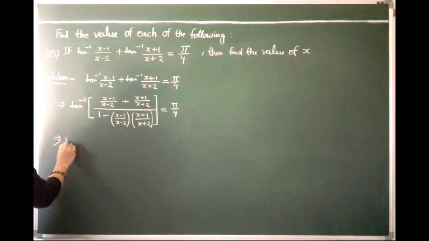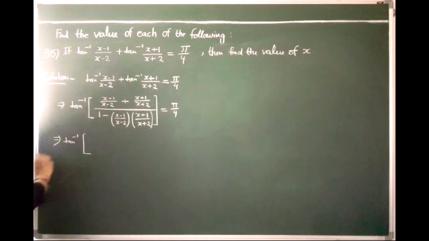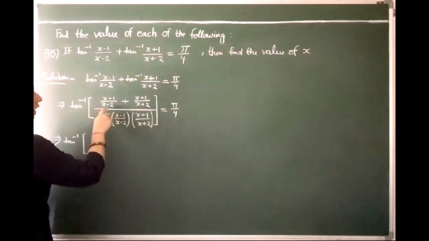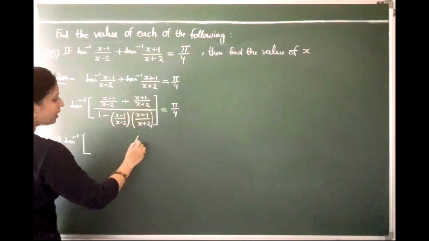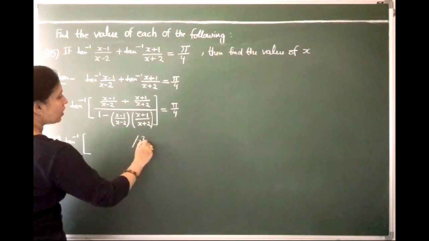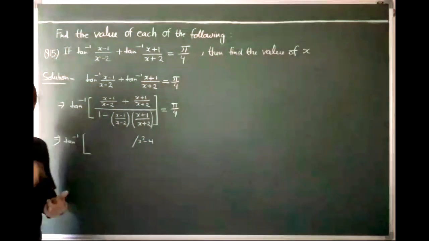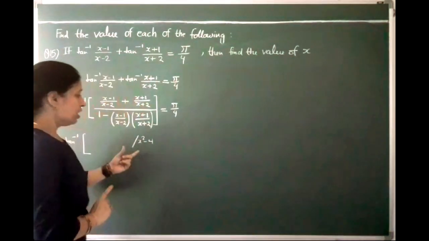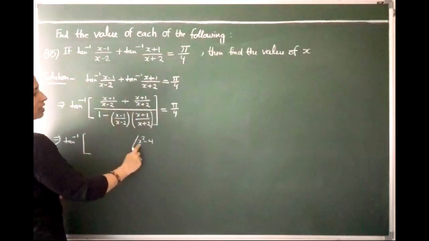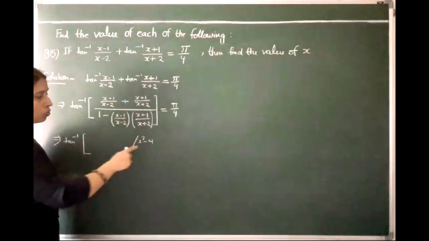Then we can write tan inverse, take the LCM, (x minus 2) into (x plus 2). So it will be x square minus 4. (a minus b) into (a plus b) will be a square minus b square. So it will be a square, that means x square, and minus b square means square of 2, so it will be 4.